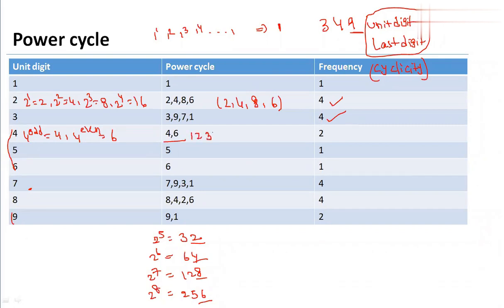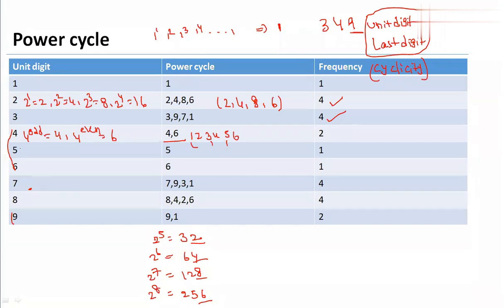That means you can write 1, 2, 3, 4, 5, 6. So 1, 3 and 5 are odd numbers. If you have 4 power odd numbers as powers, you will get 4 as the unit digit, and if you have 4 power even numbers as the powers, you have 6 as the unit digit. That is one of the observations we can make, and we can take it as a shortcut, guys.